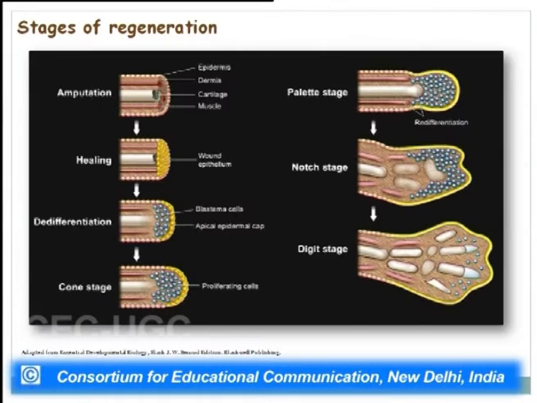So one is formed which is smaller, and then it grows to form the original shape and size. So you can see that there is a pellet stage, there is a notch stage, and then there comes a digit stage, and the entire limb has been regenerated. So this is the mechanism by which a limb is regenerated in a salamander or a newt.